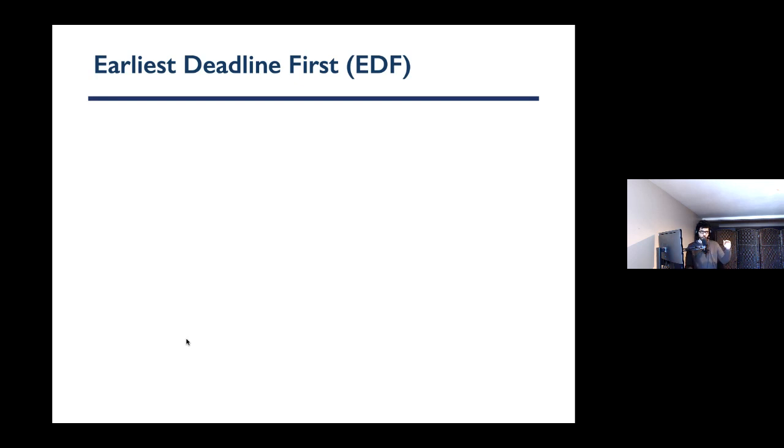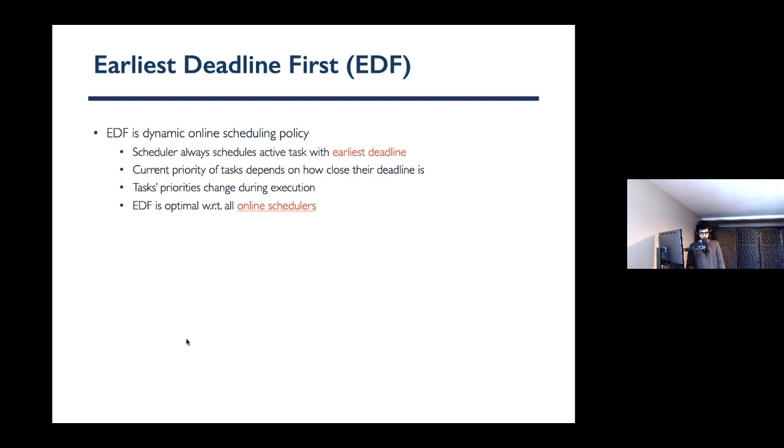Now let's move on and talk about dynamic scheduling. If you remember, in dynamic scheduling, we're going to assign priorities to jobs rather than tasks. How does it work? It's EDF, or earliest deadline first. This is a scheduling policy that you will implement in Lab 4.